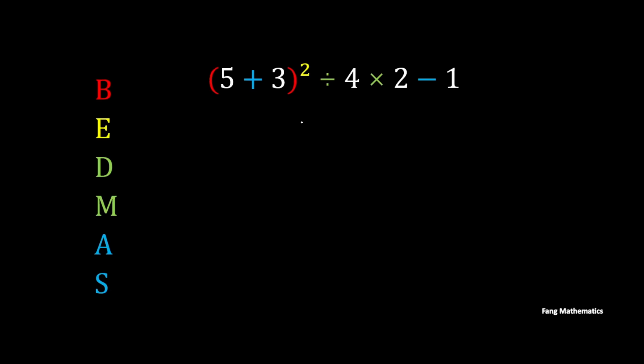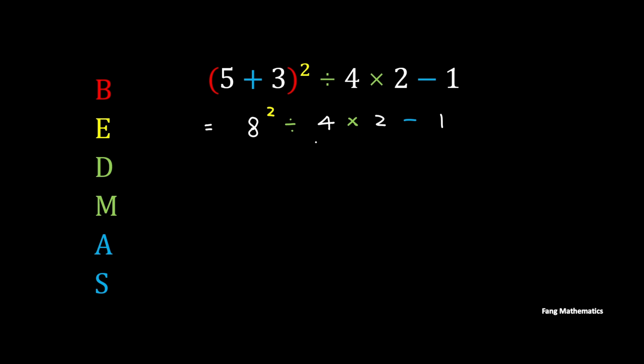Moving on, we look at this expression in which you have different operations. If you look at the parentheses in red, we perform that first. So we look at whatever is inside the parentheses and operate that. So 5 plus 3 gives you 8, and copy everything else down.